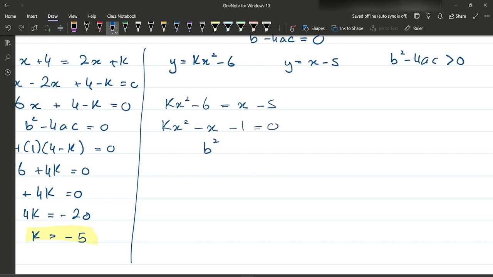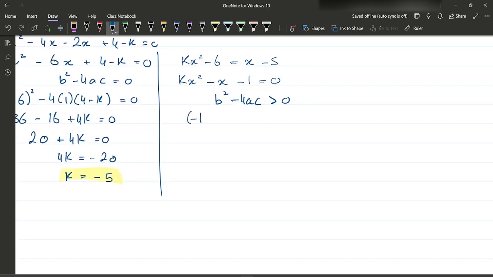Write down your discriminant, b squared minus 4ac greater than 0. So that will be minus 1 squared minus 4 times k times minus 1, which is greater than 0. That'll be 1 plus 4k. Okay, so and then k will equal, you can just write the value of k.